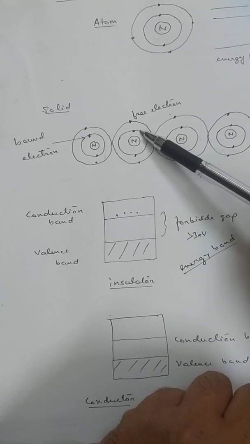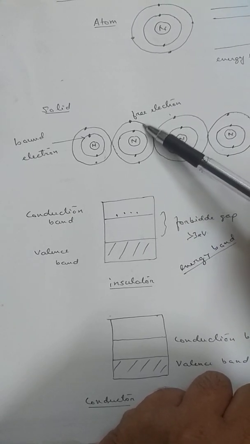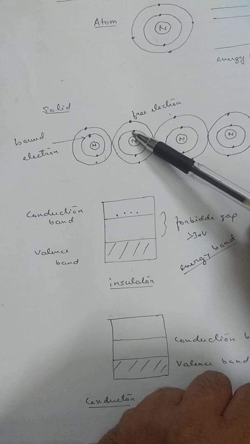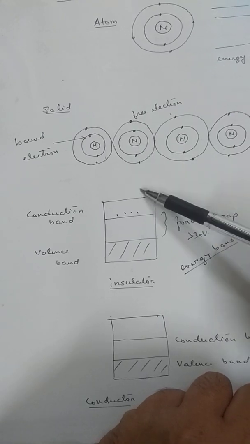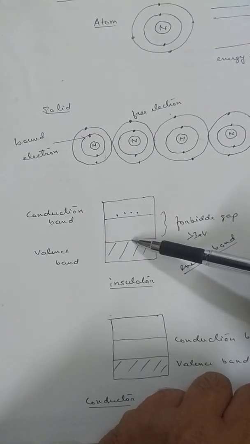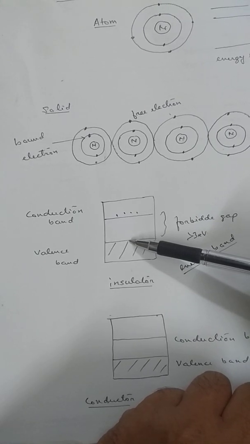And this energy gap is practically very large, of the order of 6 to 7 electron volt. Therefore, practically it is not possible for a free electron to make a jump from here to here. Therefore, they do not conduct current. That means insulators are those substances which do not possess free electrons.